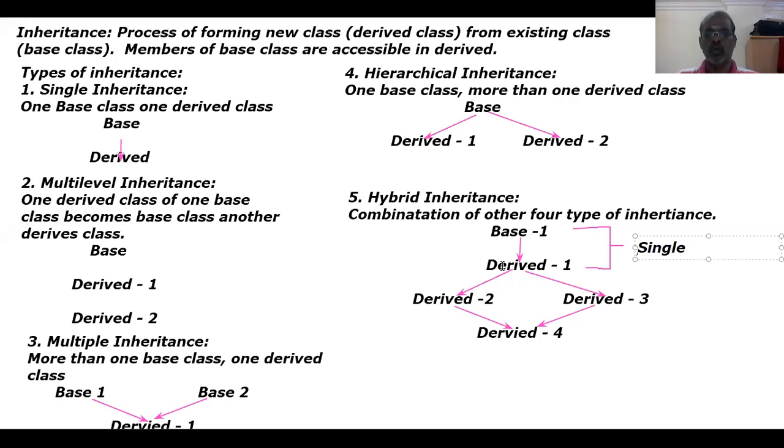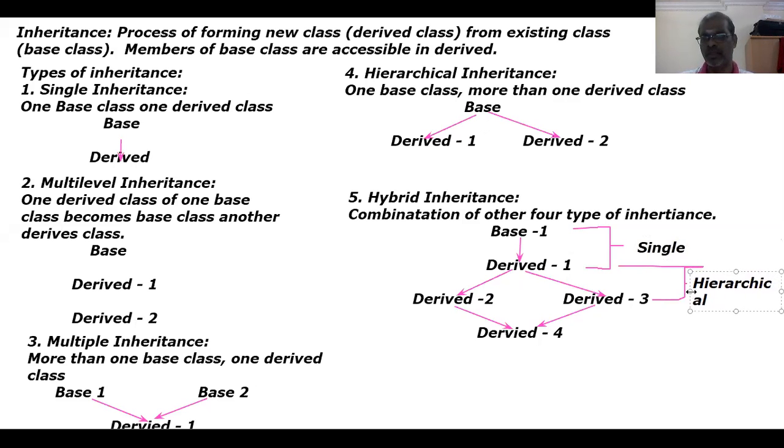Then one base class, more than one derived class, that is hierarchical inheritance. These two, this level forms hierarchical inheritance.